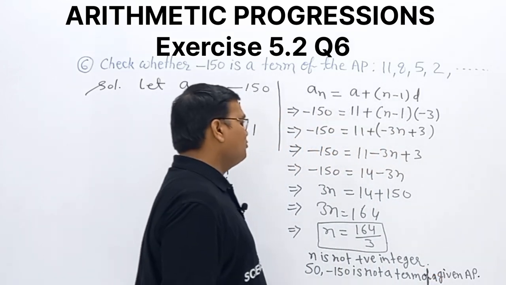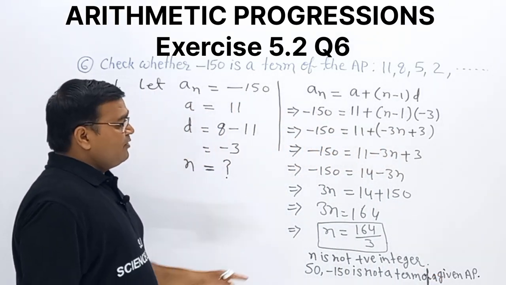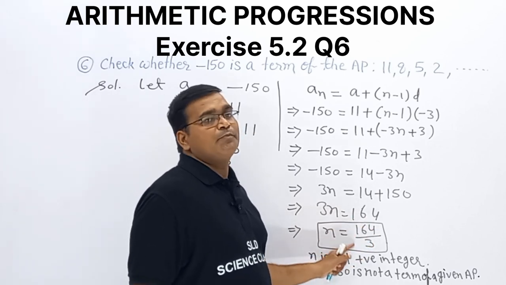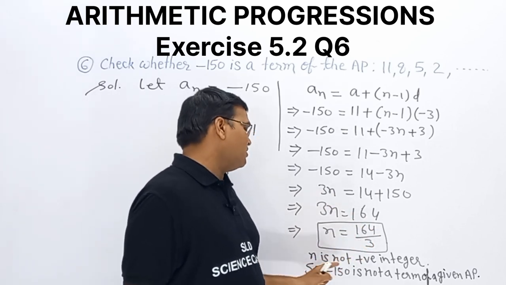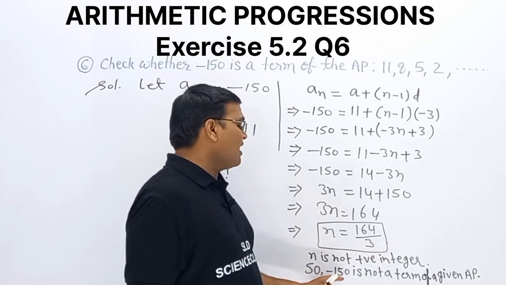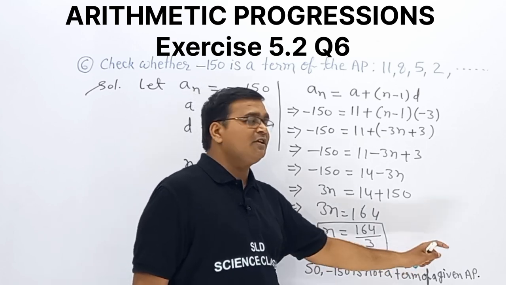Observe carefully what we are doing. We are getting n equals 164 by 3. It is not a positive integer. n is not a positive integer. So minus 150 is not a term of the given AP.